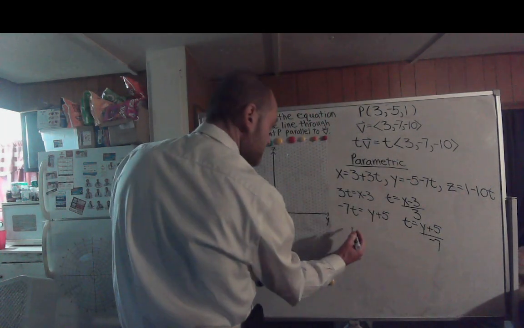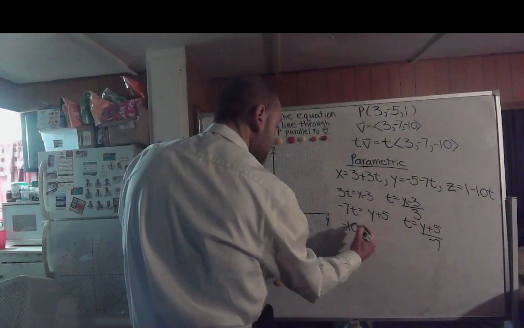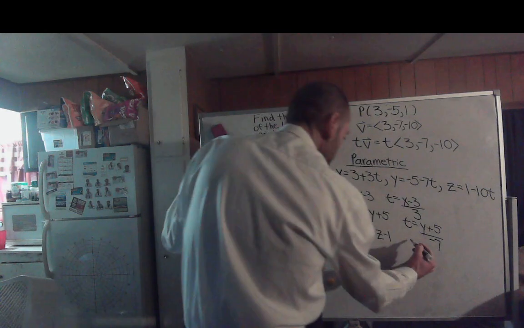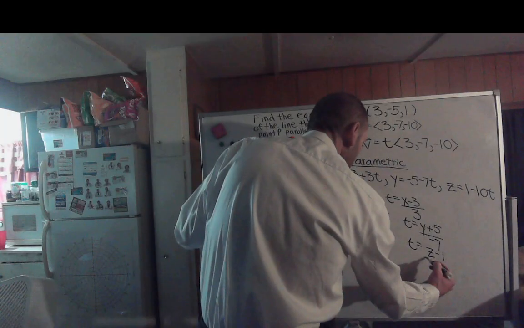Then do it for your z, you would end up getting that -10t equals z minus 1, which would turn into t equals z minus 1 over -10.